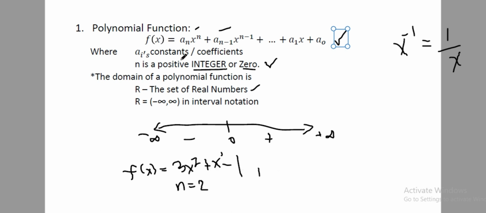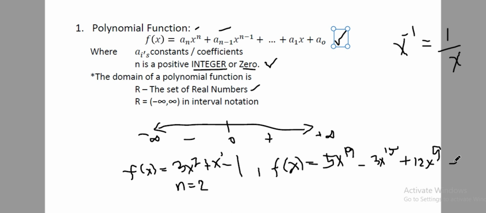So anything that looks like this is a polynomial function. You can have 5x to the 19 minus 3x to the 15 plus 12x to the 9 minus 3.